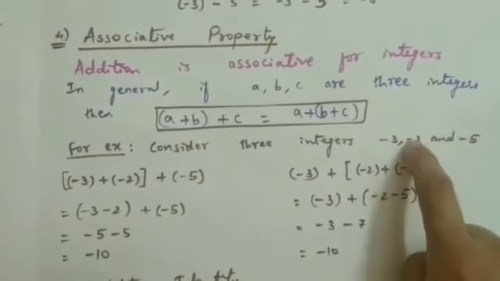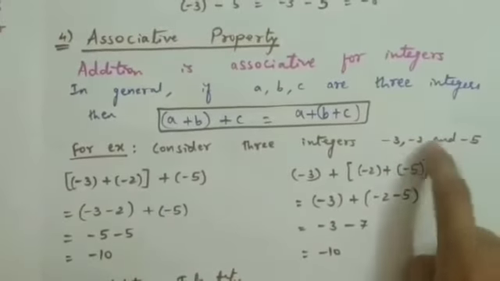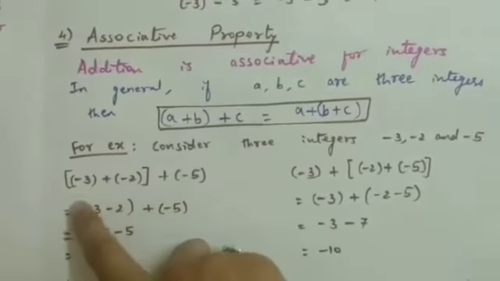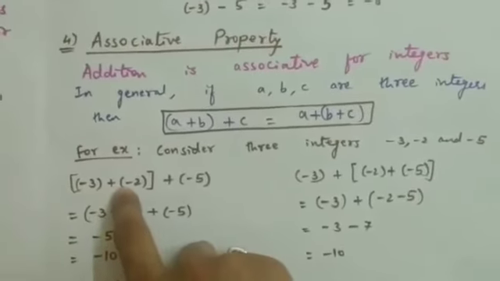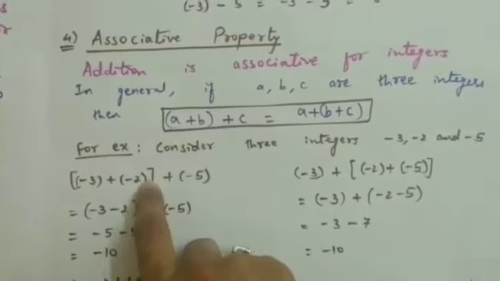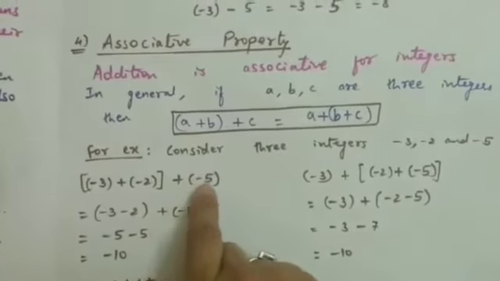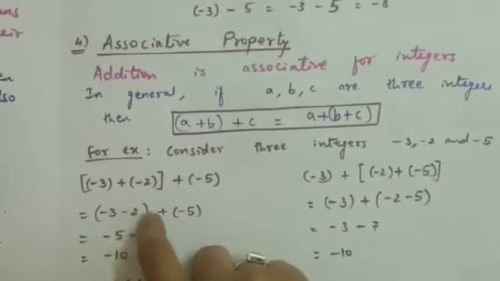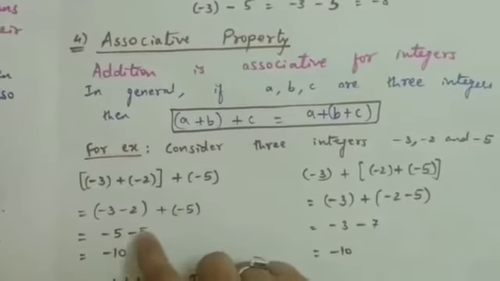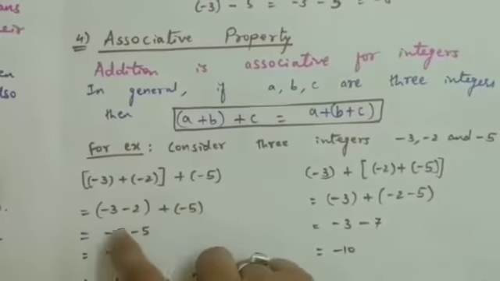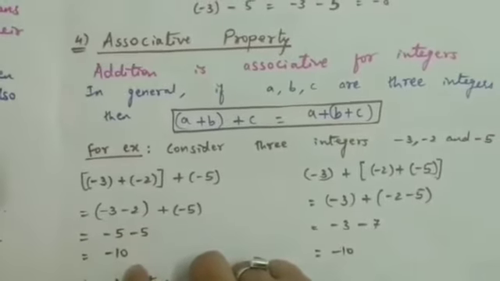First we group the first two integers, then we group the last two integers. Now take the first case: minus 3 is added with minus 2, so we get minus 3 minus 2, and further we add minus 5 with them. So minus 3 minus 2 we get minus 5, and minus 5 minus 5 we get minus 10.